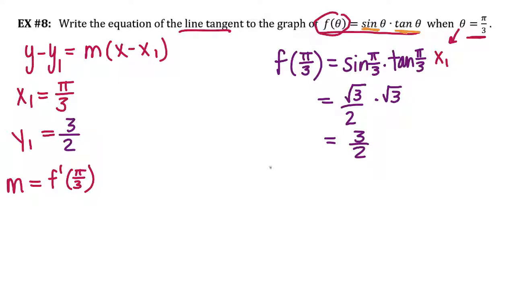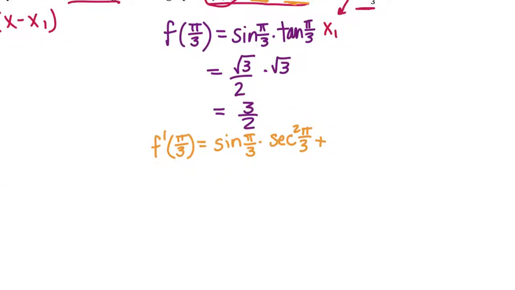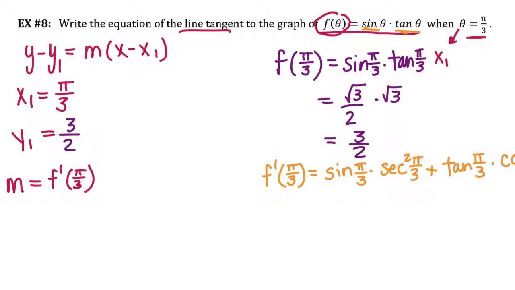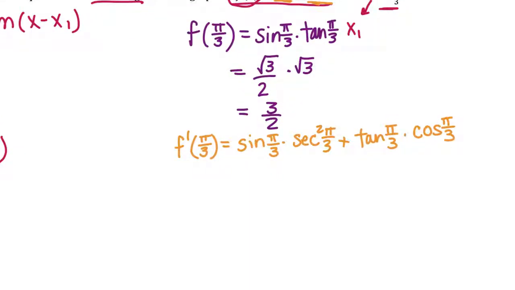So to do that, we're going to have f prime, and we still need to evaluate that at pi over 3, is going to be our first, so sine of pi over 3, times the derivative of tangent, well, that was secant squared at pi over 3, plus our second, which is going to be tangent at pi over 3, times the derivative of the first, so that's going to be cosine at pi over 3. So there's our problem written out. And now let's go plug in our values.